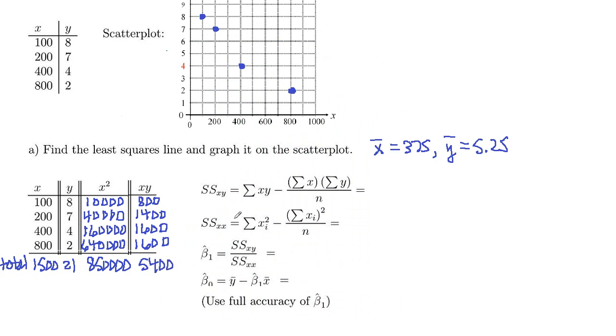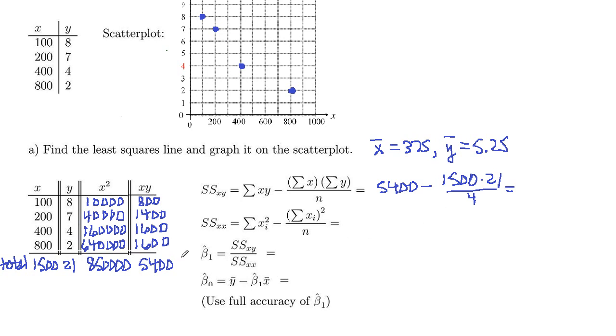So now we can plug in here and get sum of squares of xy and sum of squares of xx. So the sum of x times y, 5,400, minus sum of x, sum of y. So that's 1,500 times 21. And then we're dividing by n, which is 4 ordered pairs.